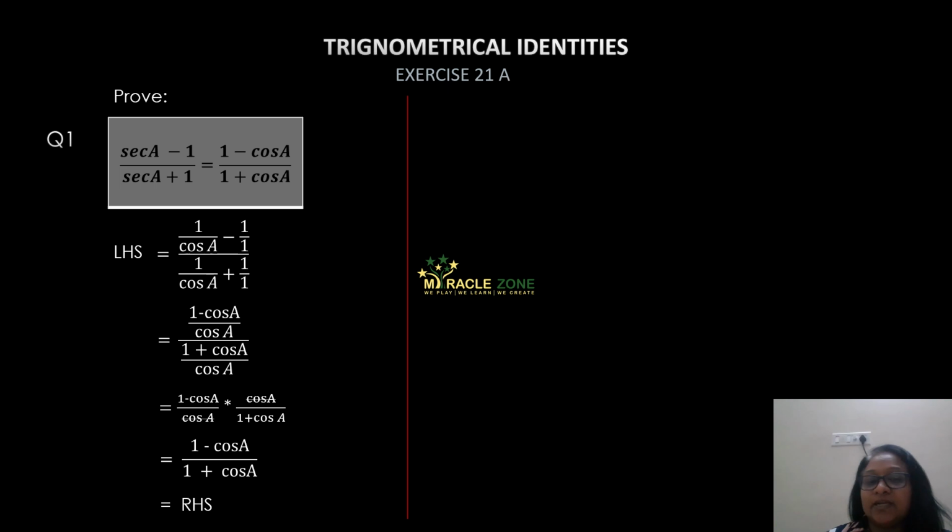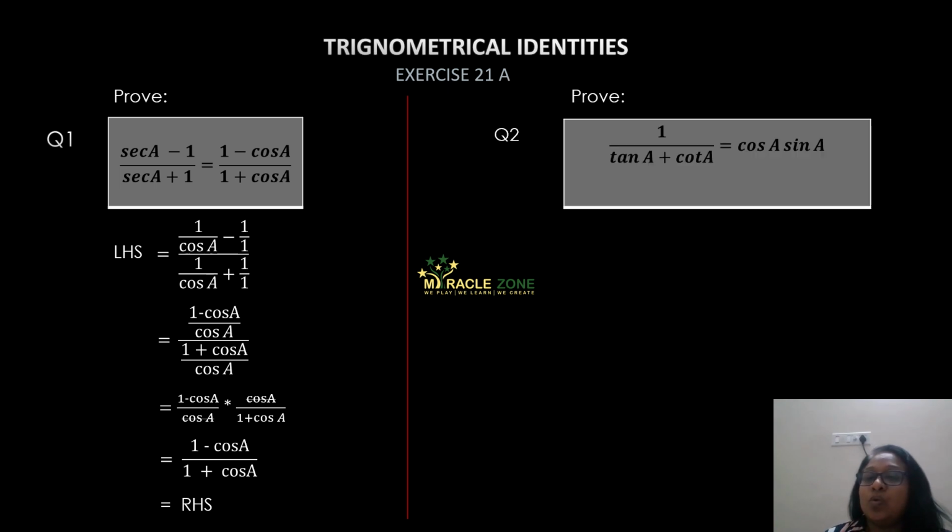So we will move on to the next question. It is 1 by (tan A plus cot A) equal to cos A sin A. What is tan A? tan A is nothing but sin A by cos A, and cot A is cos A by sin A. So again there is a plus symbol in the denominator, so again we will find the LCM.